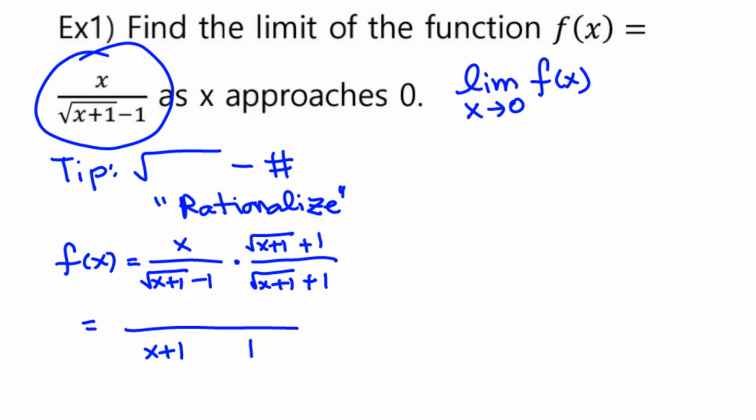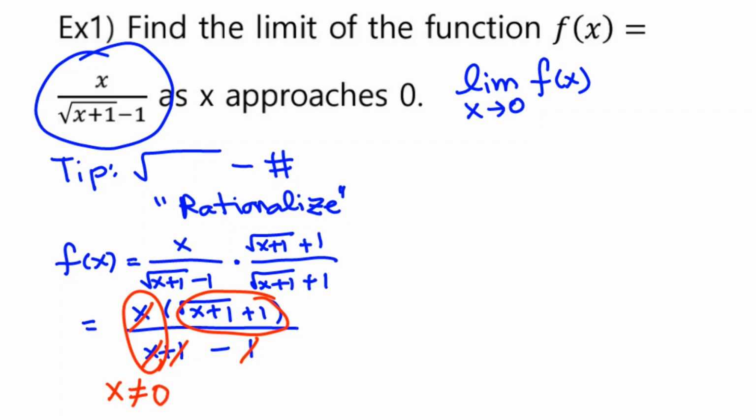Okay, I'm going to just leave it like this so that probably we can cancel out something. 1 and 1 and x and x. So what we have is x plus 1 in the square root plus 1. Okay, when we canceled out the x, that means x is not 0 because we cannot divide by 0, right? So that's what we have.